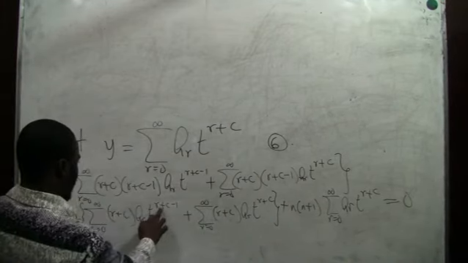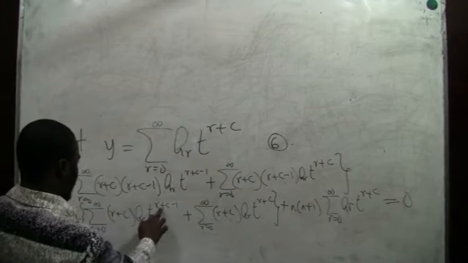So we are bringing this and this together. Do not forget they have the common factor here to be r plus c. Bringing out r plus c, we are going to have (r plus c) squared ar t raised to power r plus c minus 1. That's what I'm going to be left with.